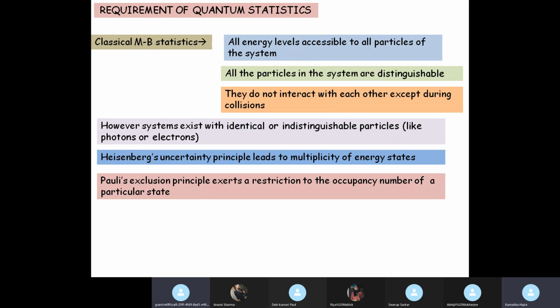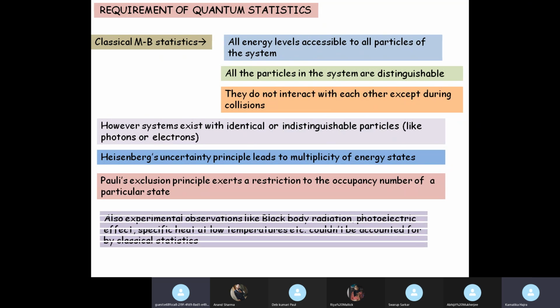We know that particles which obey Pauli's exclusion principle cannot sit together in one position. For a single position, only a single particle is allowed. So the same state cannot be occupied by more than a single particle. These are for particles which obey Pauli's exclusion principle.